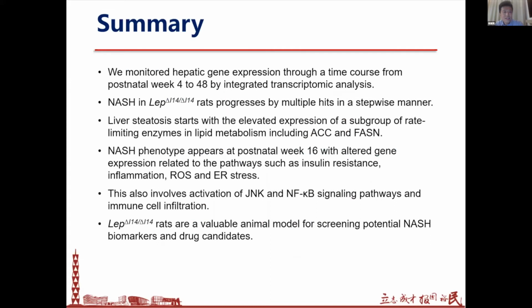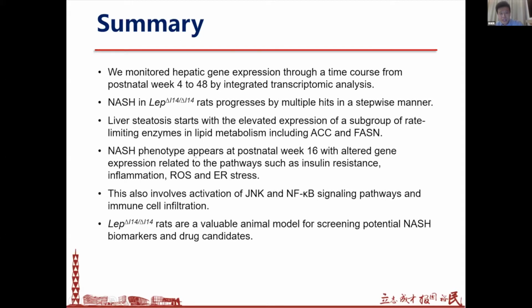To summarize, we monitored the hepatic gene expression through a time course from week 4 to 48. We also found that NASH progresses through multiple hits in a stepwise manner, and liver status is correlated with elevated expression of a subgroup of rate-limiting enzymes.